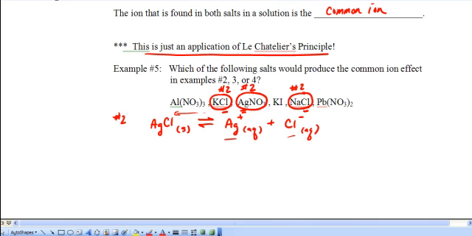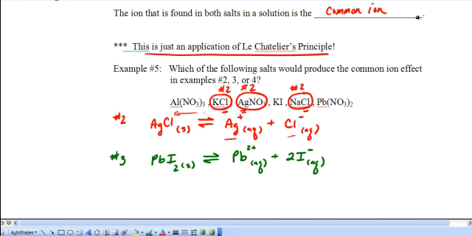All right. Give ourselves a little more room here. Let's try this with reaction number 3. Reaction number 3 was lead iodide in equilibrium with the lead ions, lead 2+, and the iodide ions.